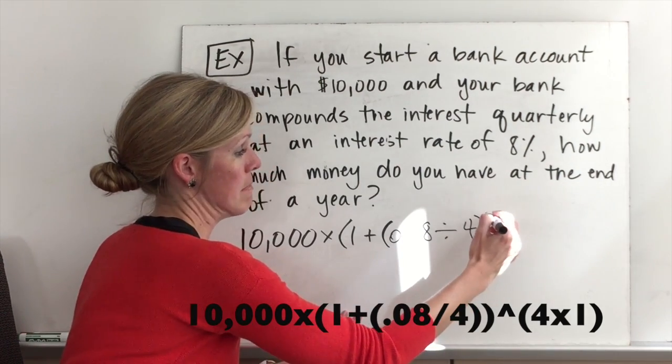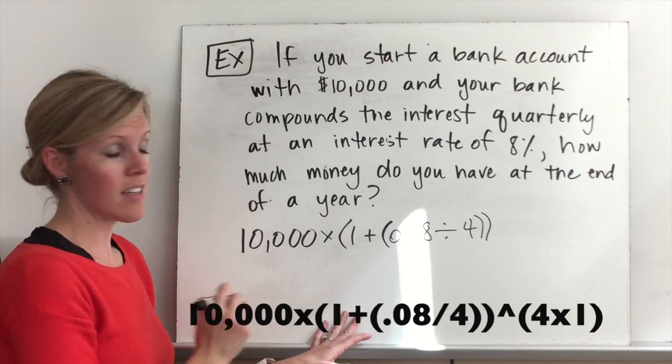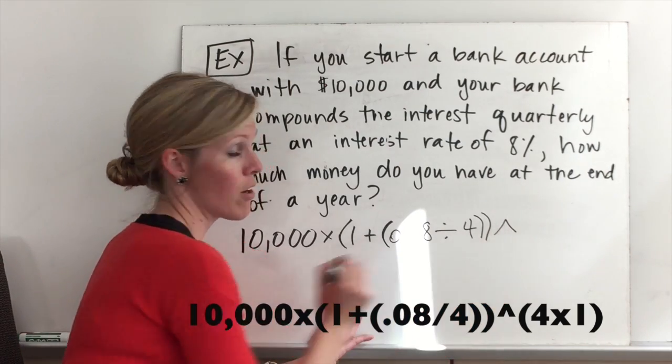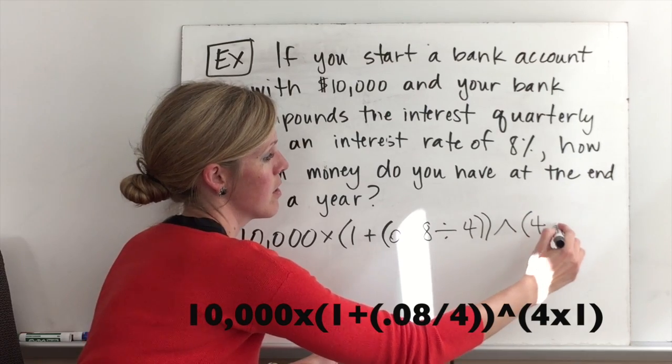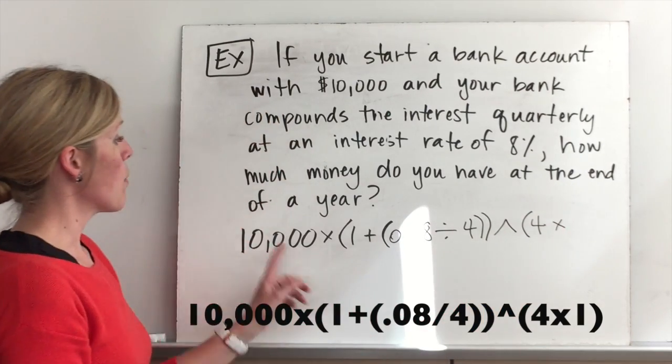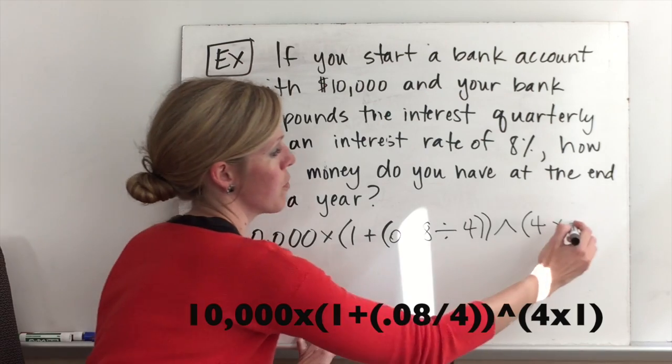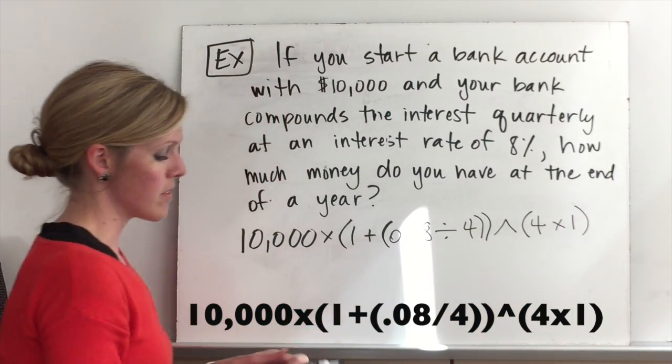Close parentheses again. Now we're going to hit our little caret button, parentheses again for 4 times, now how many years? 1 year, so 4 times 1, and close parentheses.